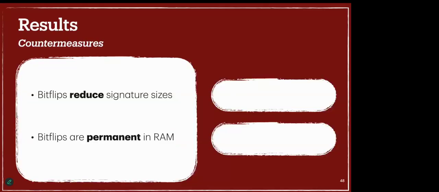Now for countermeasures, we observed that the bit flips significantly reduce the signature sizes, and since the bit flips are permanent in the RAM, the same signature process will be affected in the same way by the bit flips. So we propose lower bound rejection, akin to what is already implemented in Falcon, that is upper bound rejection.